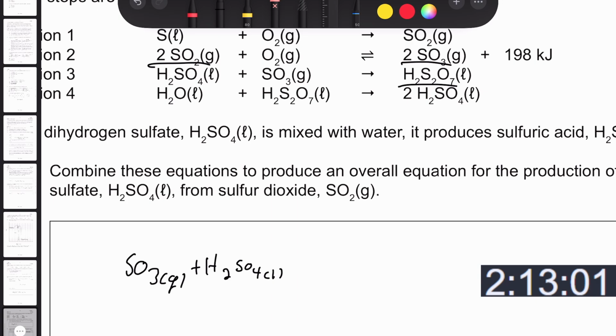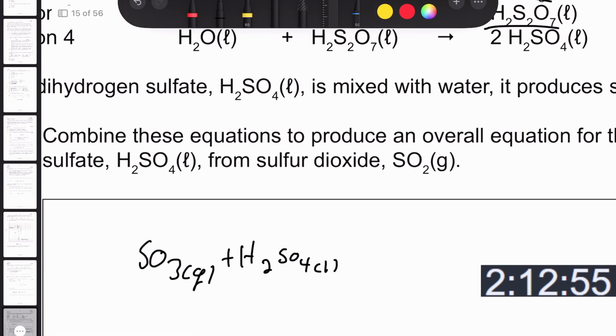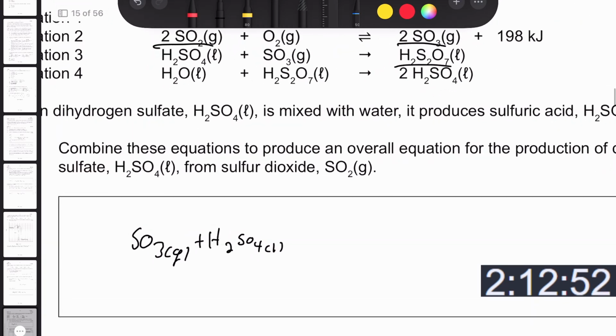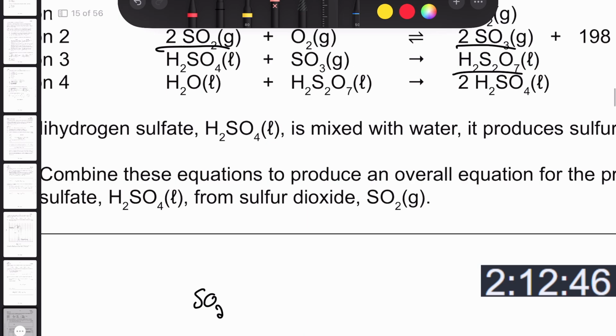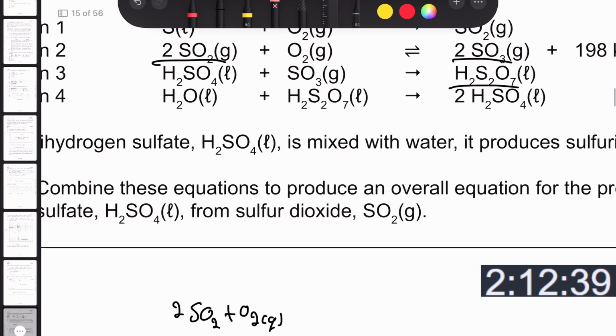I'm a bit confused. Combine these equations. Production of sulfate. Do I just go like this? So SO2 gas plus O2, make that.